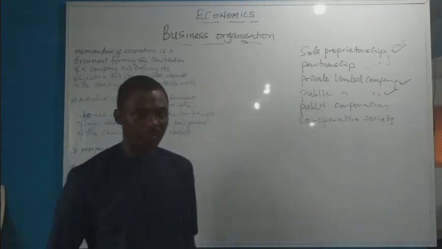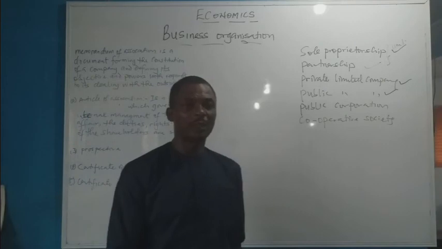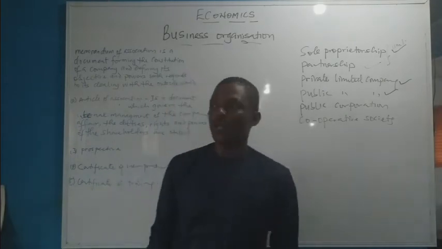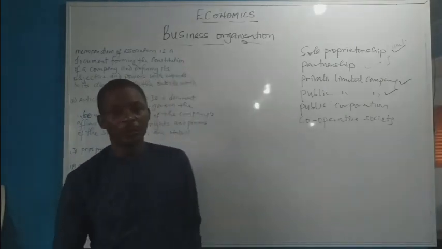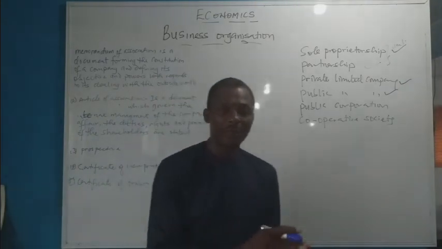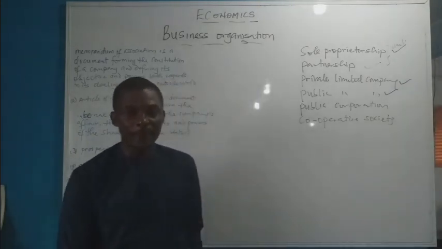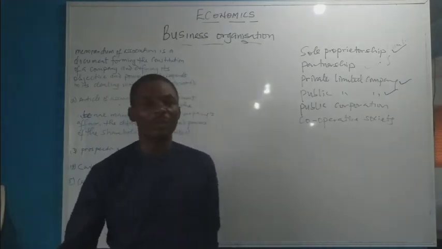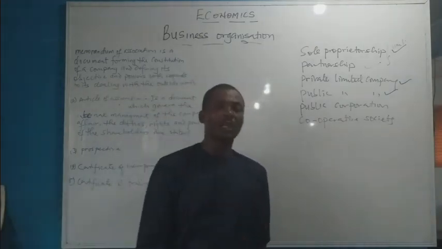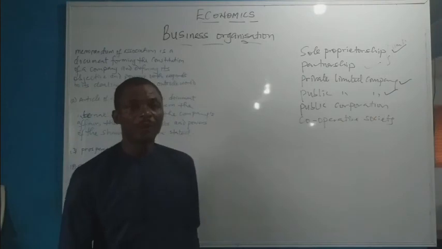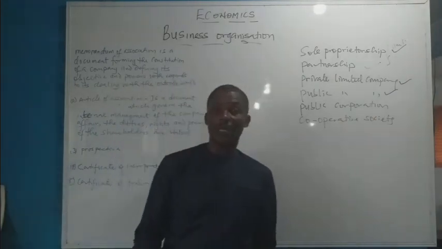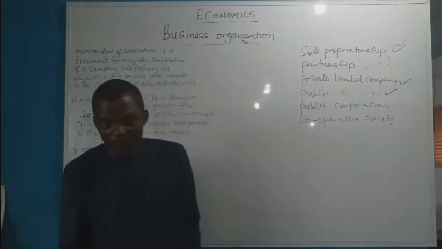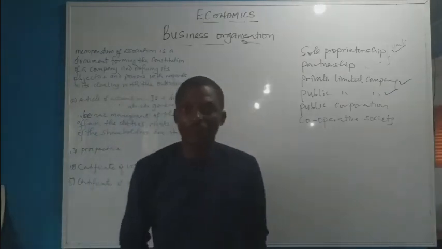Then we also have the wholesalers cooperative society, where different wholesalers come together to purchase goods from the manufacturers in large quantity at a reduced price in order to share it among themselves. And we also have the retail, which is the same definition, but this time you use retailers coming together to purchase goods.